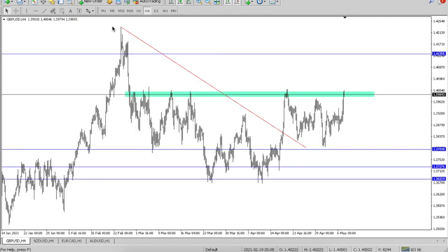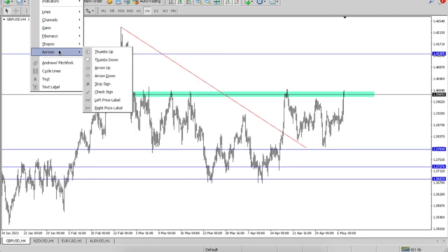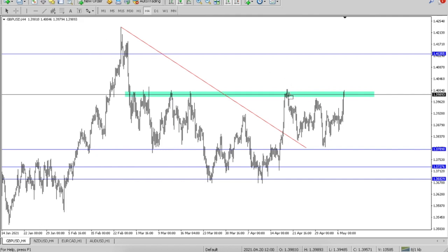So after we've identified our consolidation, when do we take our trade? Okay, so now you will have to wait to see what happens when market opens.